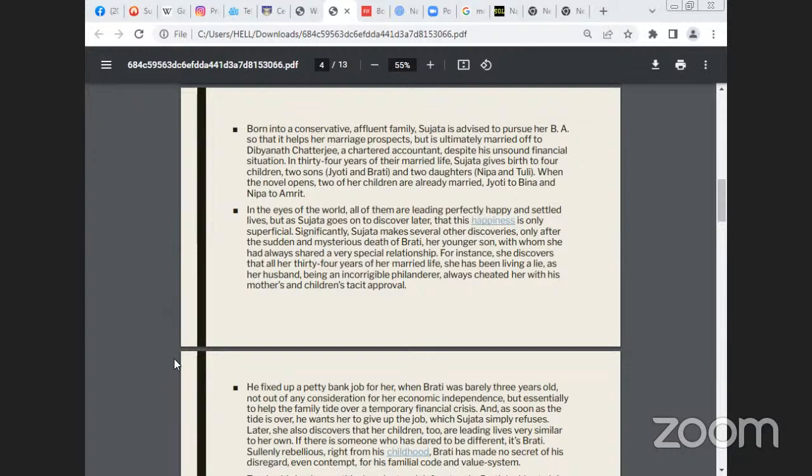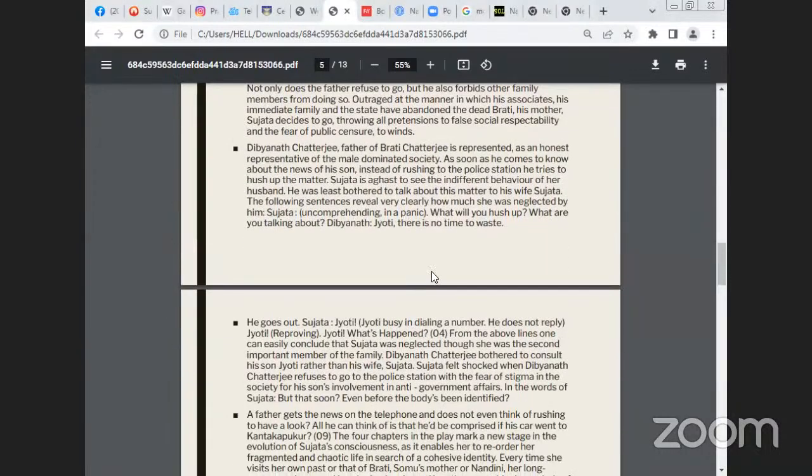And the third thing we should look at here is this girl Nandini. Nandini was his girlfriend in the college days, through to the Naxalite movement.